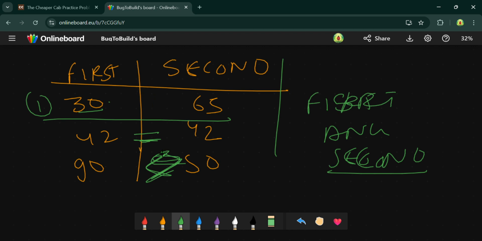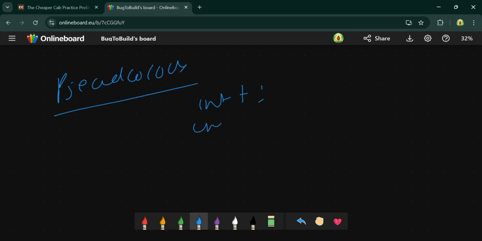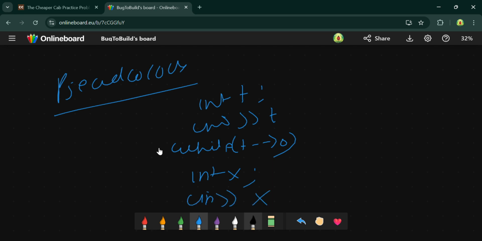Okay, so let's write the code here. The pseudocode has been given: int t, the number of test cases. While t minus minus is greater than 0, you just have to take int x and int y as input.